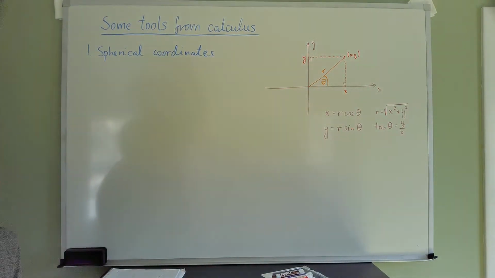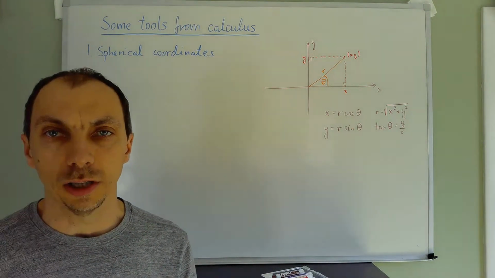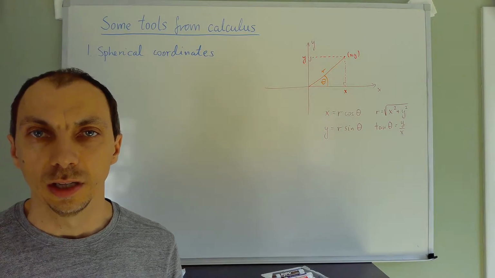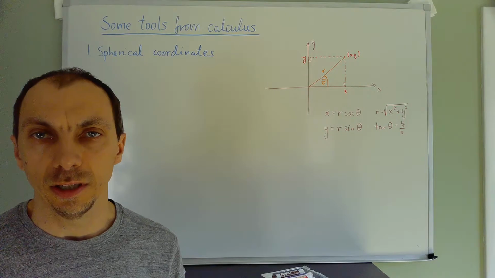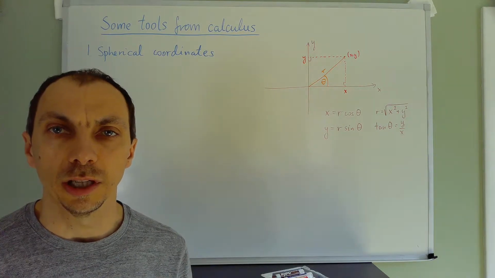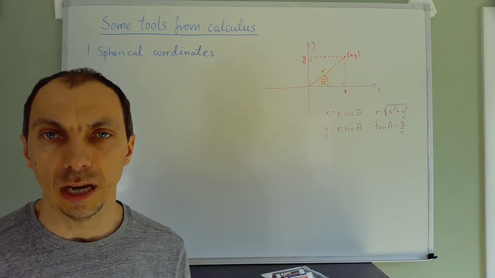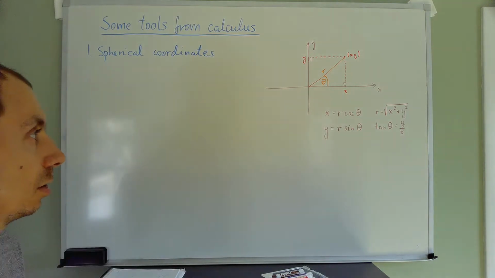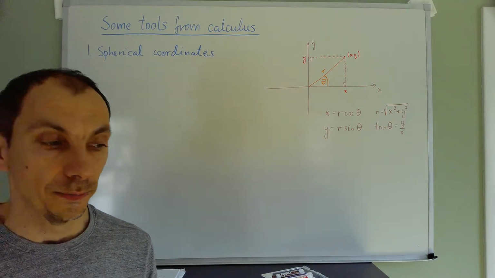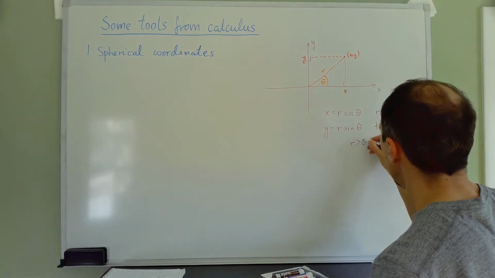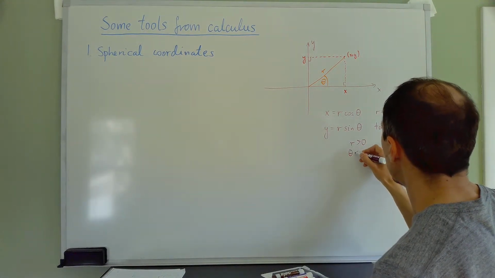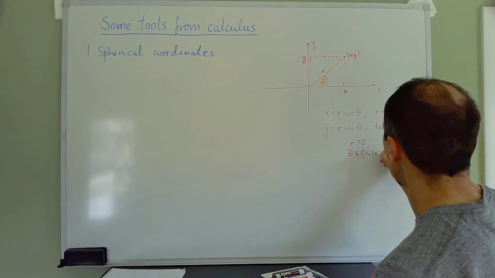I am specifically not writing theta as arctangent of y over x because that doesn't quite work. Arctangent will only give you angles between minus pi halves and pi halves, while you need here the entire range from 0 to 2 pi. r is a positive real number and theta ranges between 0 and 2 pi.